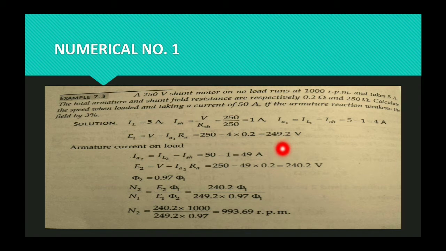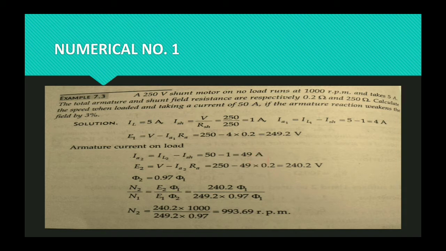So that is the value of the induced EMF in the armature of the motor, or the back EMF. Now the armature current on load, IA2, in the second condition when it is loaded, is IL2 minus ISH. ISH is constant because the shunt field resistance, 250 ohm, is always constant. So IA2 equals IL2 minus ISH, that is 50 minus 1, that is 49 ampere.